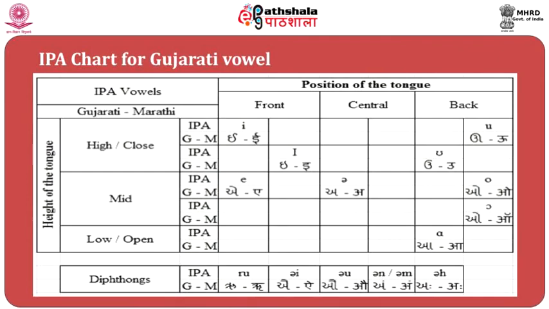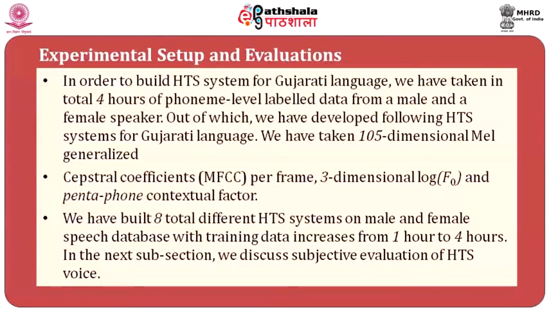We have taken 105-dimensional mel-generalized spectral coefficients per frame, 3-dimensional log F0 and pentaphone contextual factors. We have built 8 different HTS systems on the male and female speech databases, with training data increasing from 1 hour to 4 hours. In the next subsection, we will discuss the subjective evaluation of the HTS voice.